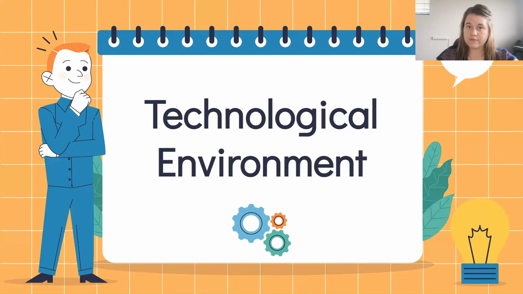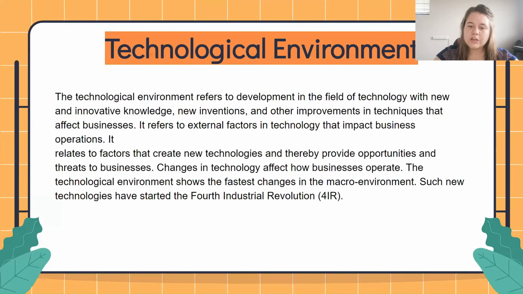The technological environment. So here we're looking at the development in the field of technology with new and innovative knowledge, new inventions, and other improvements in techniques that affect businesses. It refers to external factors in technology that impact business operations.